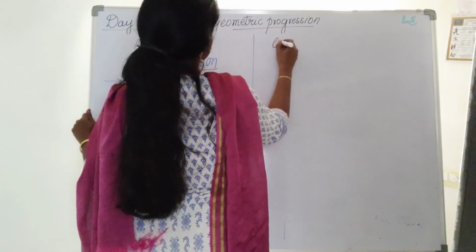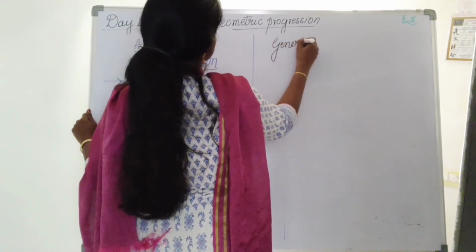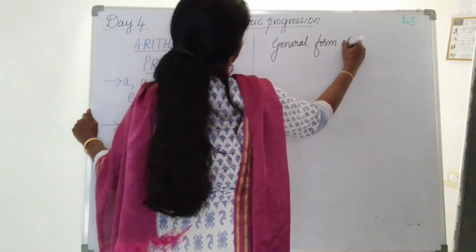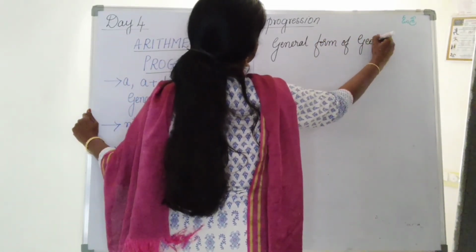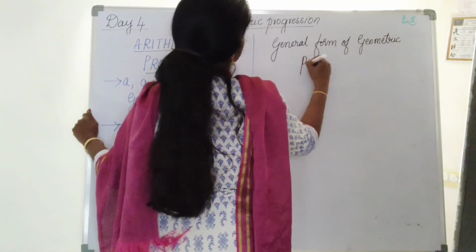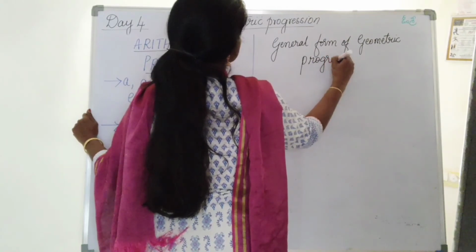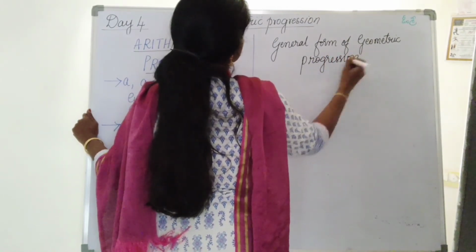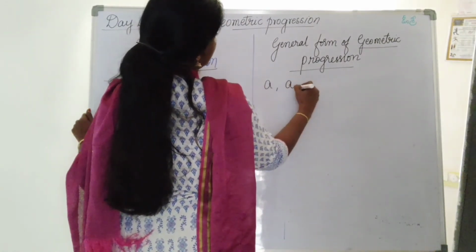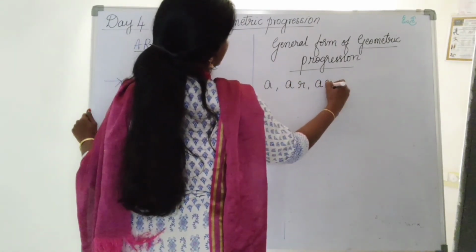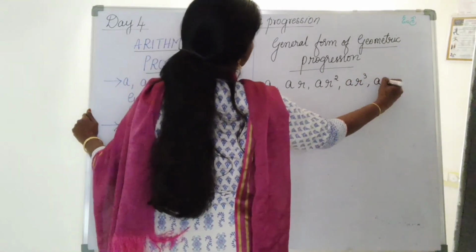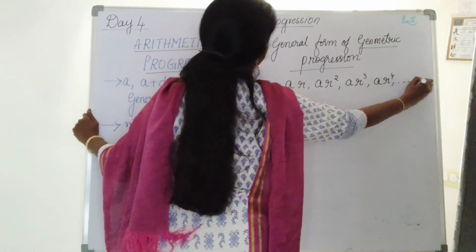So first, the general form of geometric progression. It is A, AR, AR square, AR cube, AR to the power of 4 and so on.